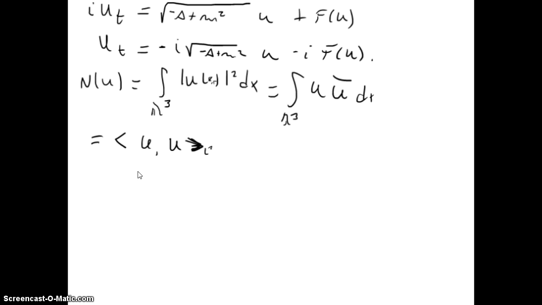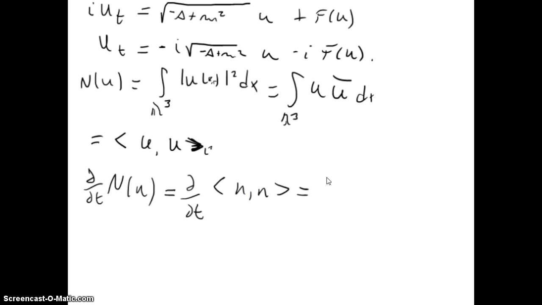So what happens with d/dt N(u)? This will be equal to d/dt of the scalar product of u with u, which is the derivative in t of u, comma u, plus u comma the derivative in t of u.